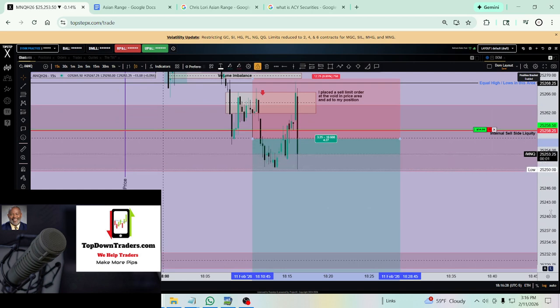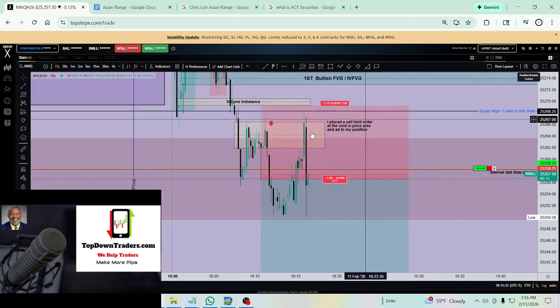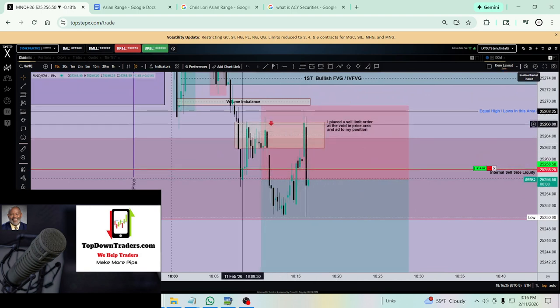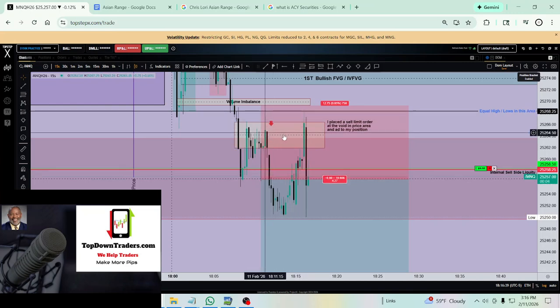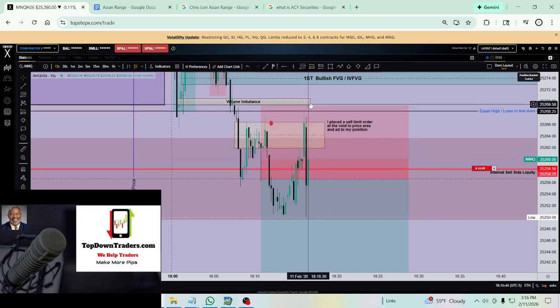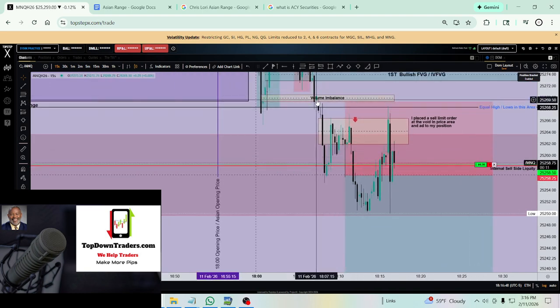Oh, you see it, there it goes. All right, so just returning to the original state. I was about to make a comment. It's allowed to wick here, but the key is not to close above this fair value gap. It can spike through. That's acceptable. That's permissible. And I see that volume imbalance was touched a little bit.